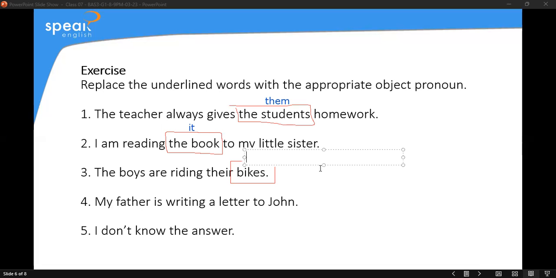Remember that you have the options. You have the chart in Zoom and also you have it in WhatsApp. What is the best option for bikes?